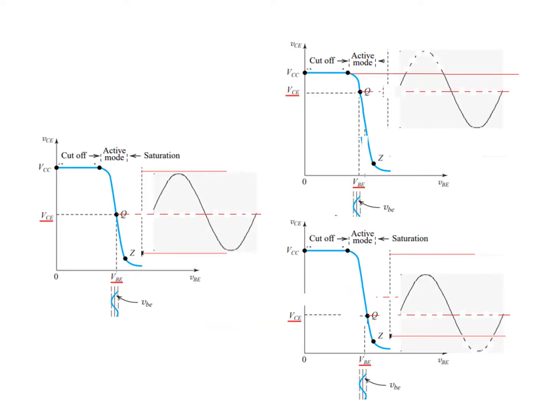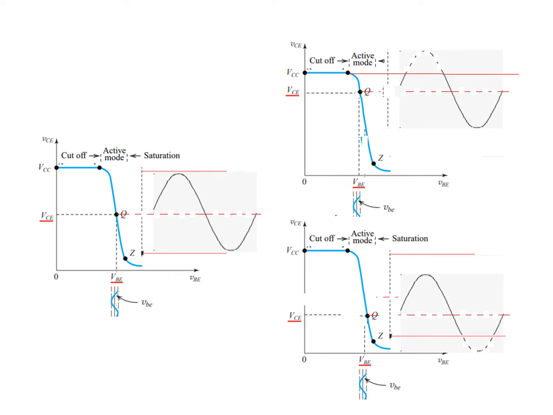Now, three aspects I would highlight here. First of all, when the operating point is in the middle, then whatever is the input signal at the VBE, that signal will get amplified.